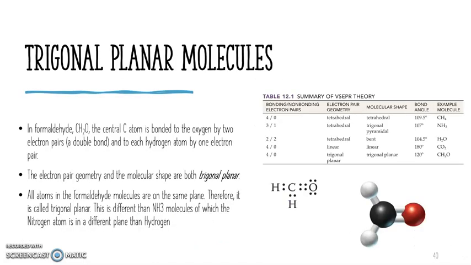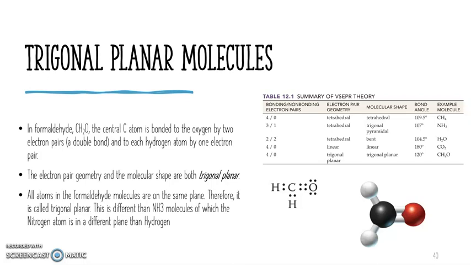How about trigonal planar molecules? An example here is formaldehyde, CH2O. For most organic molecules, when you write the Lewis dot structure, carbon is usually the central atom.